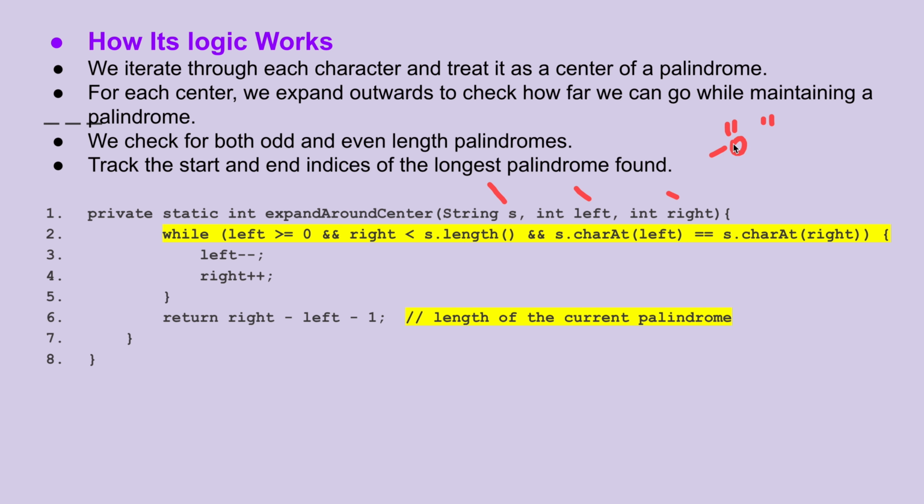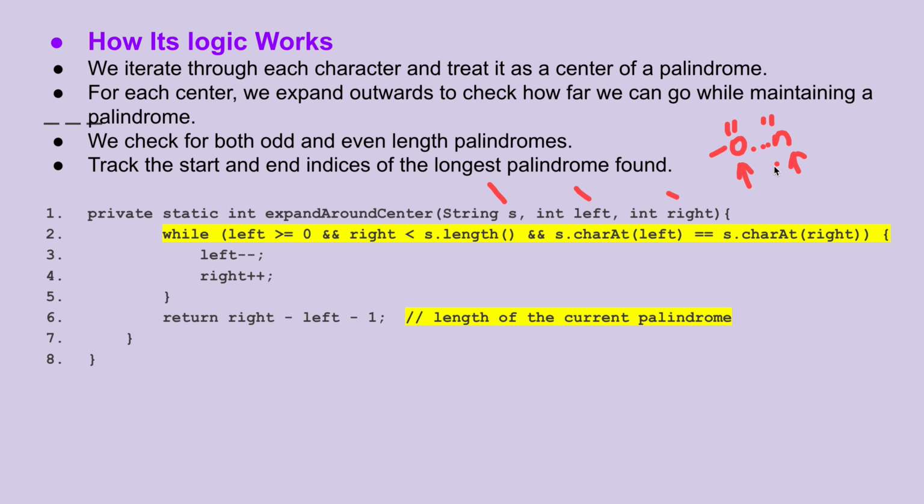It should be between 0 and the length n. The minimum for left is 0, and the maximum for right should be less than length, so we can say n minus 1.